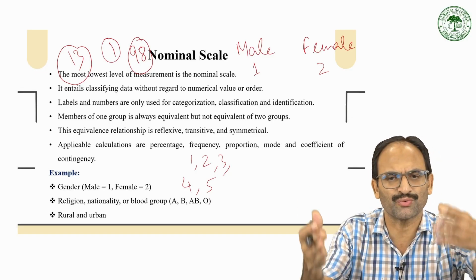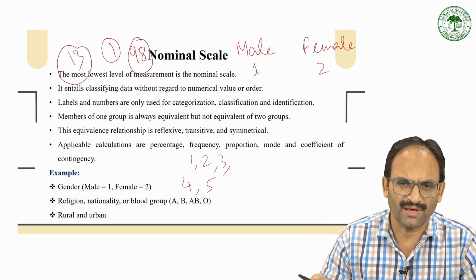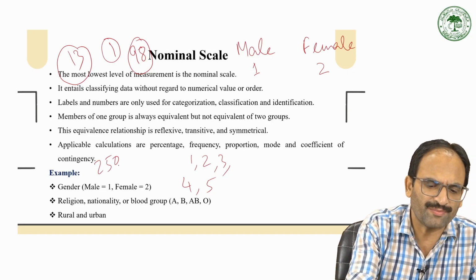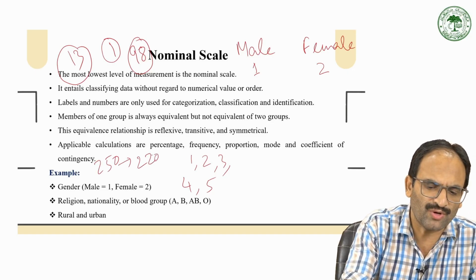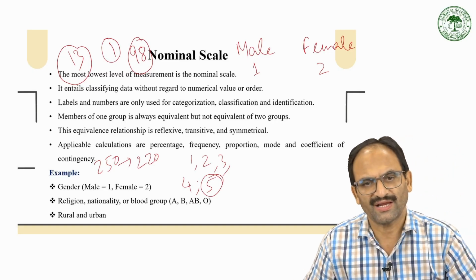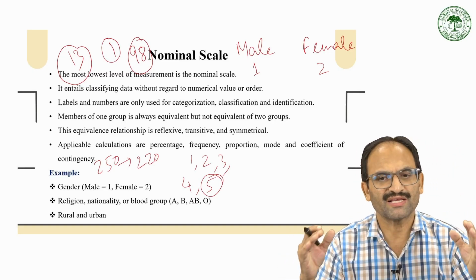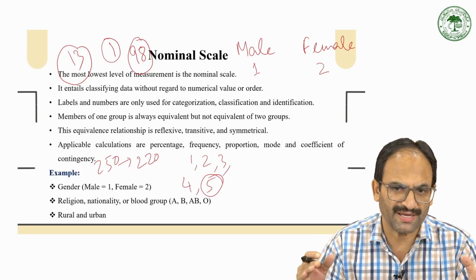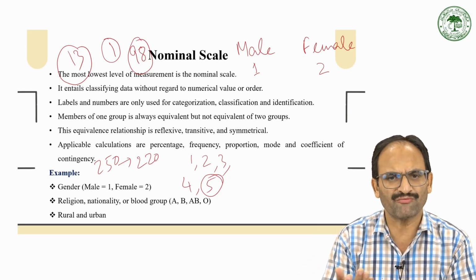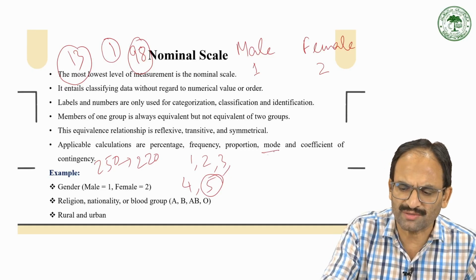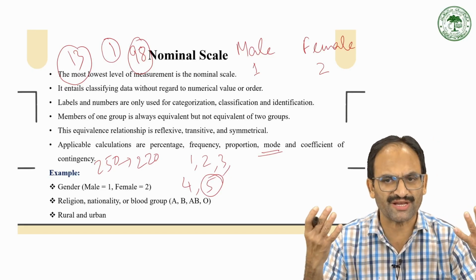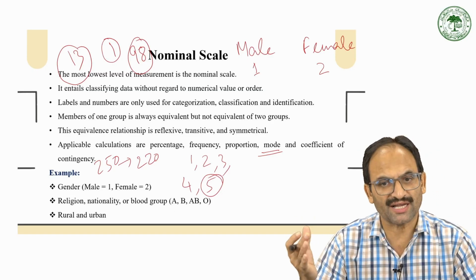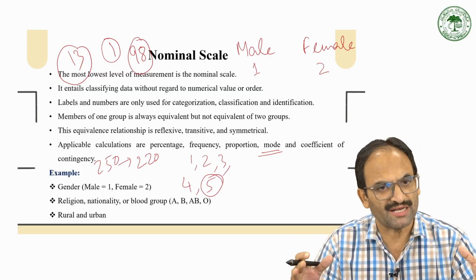Then I went to collect the data, and suppose I have collected data from 250 people, and out of 250 people, 220 people prefer cream number 5. It means that cream number 5 is the most popular cream produced by my company. So here I will be using mode, and mode is a very good tool the moment we collect data on the basis of the nominal scale.